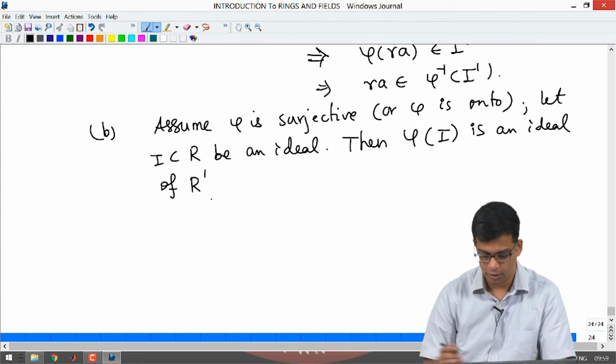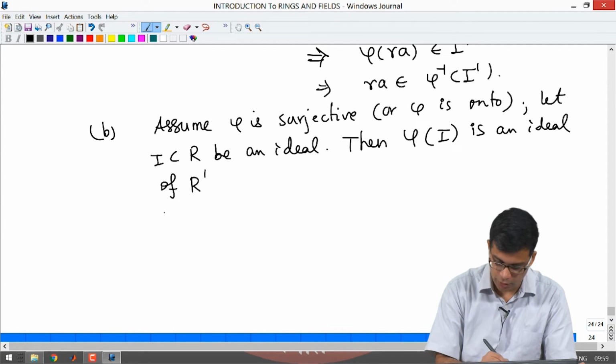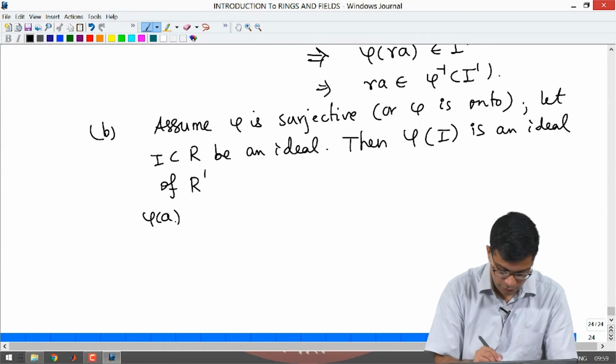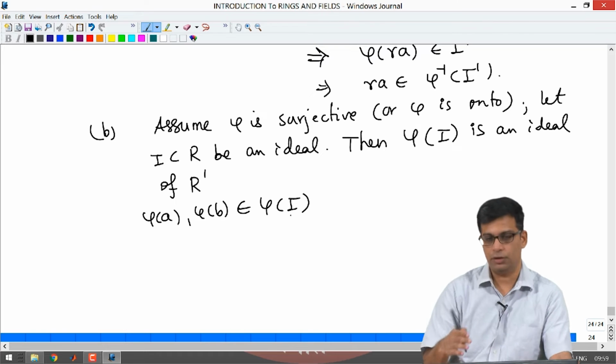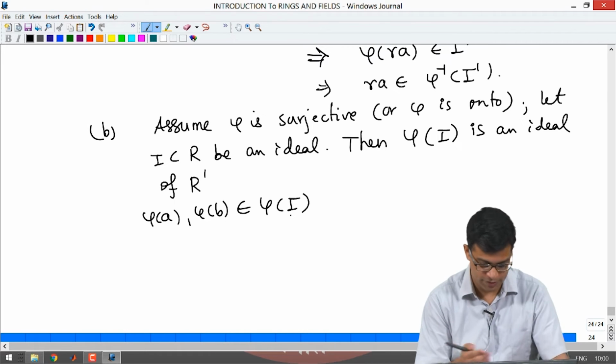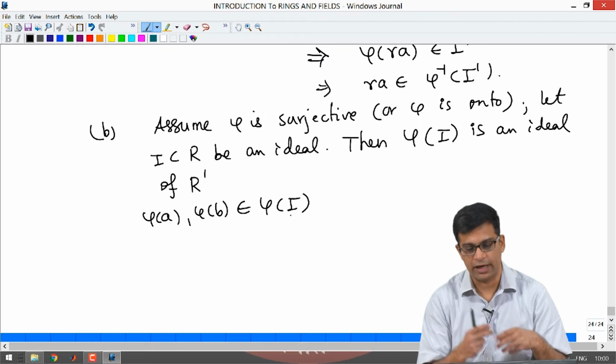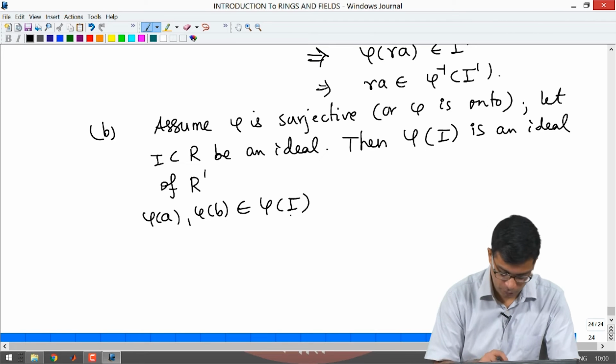What is the argument? Very simple again. Let us take two elements of phi of I. They are of the form phi A, phi B. The image of any set is the set of all images of elements of that set.